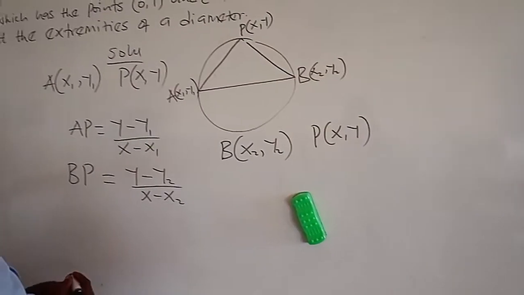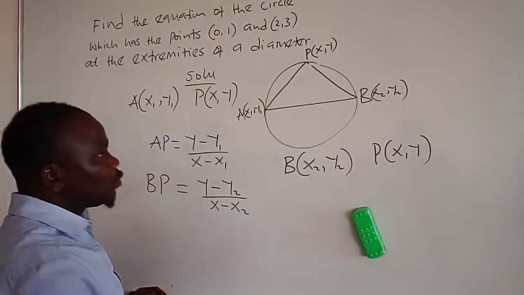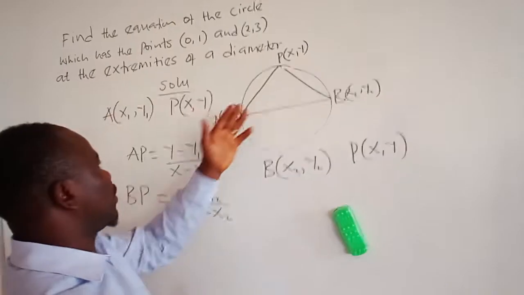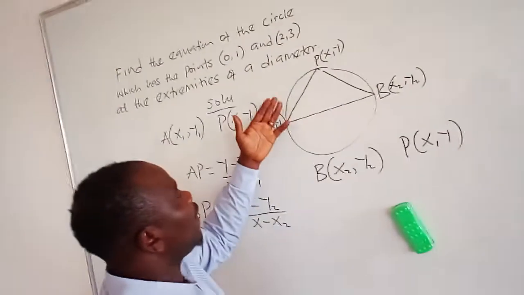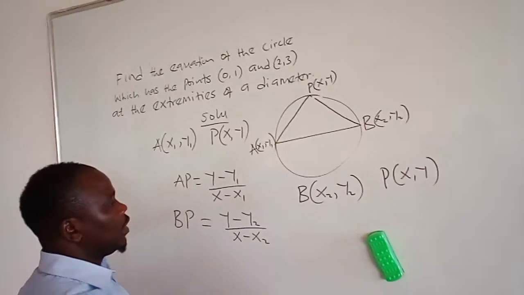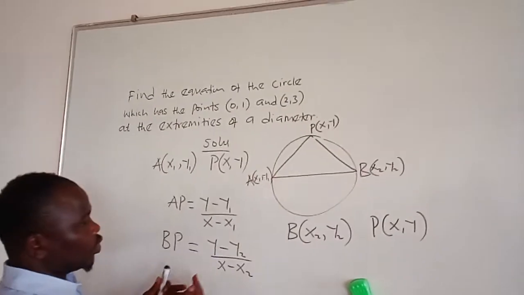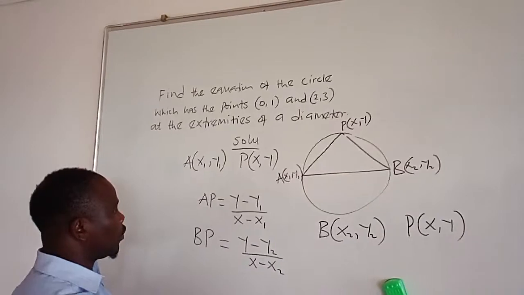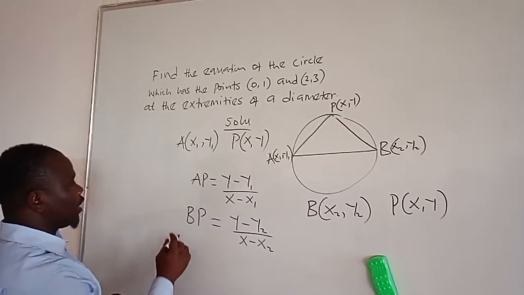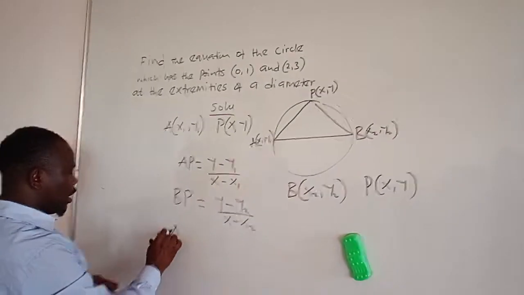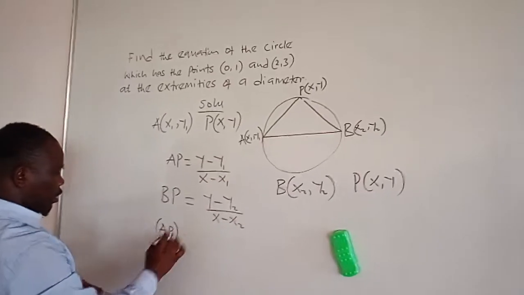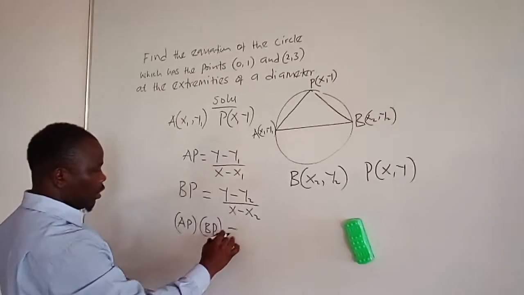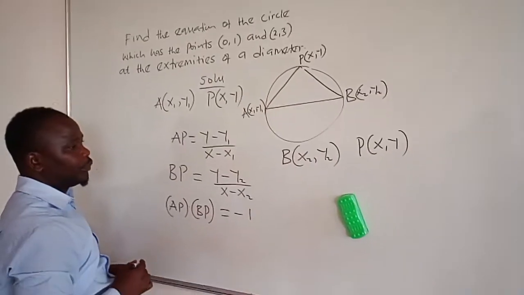So since the two lines are perpendicular, their slopes' product will be equal to -1. That is, slope of AP times slope of PB is equal to -1. That is the meaning.